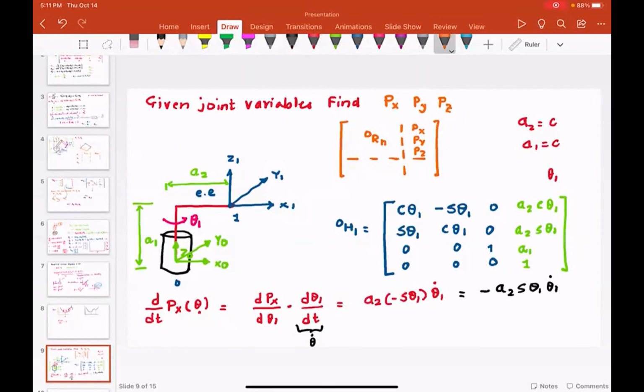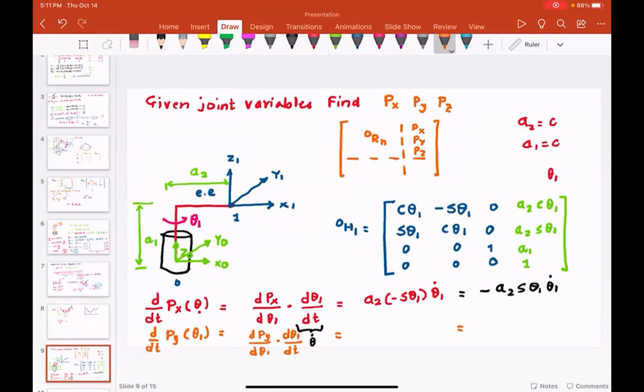Next part is d by dt of Py. Please note Py is also a function of theta 1. So what I need to do is dPy by d theta 1 multiplied by d theta 1 divided by dt. This is the chain rule.